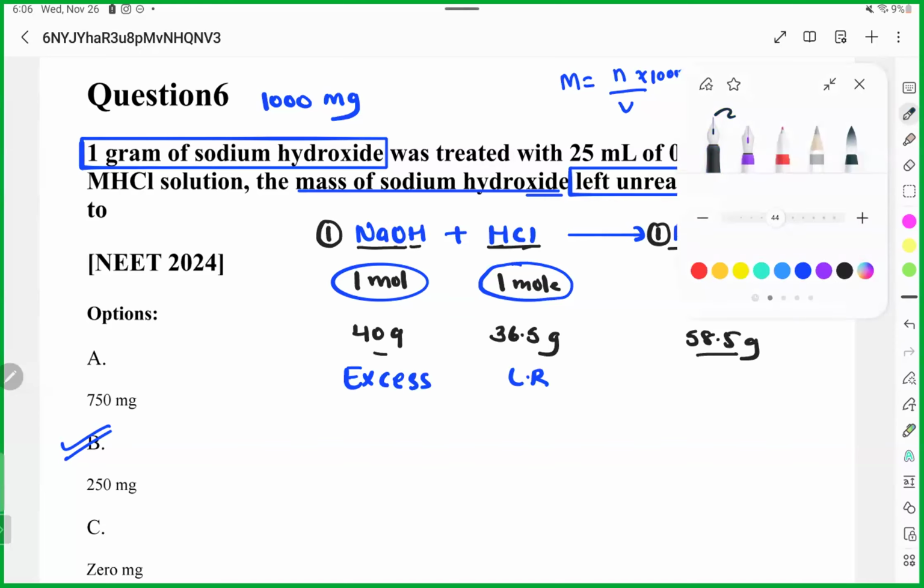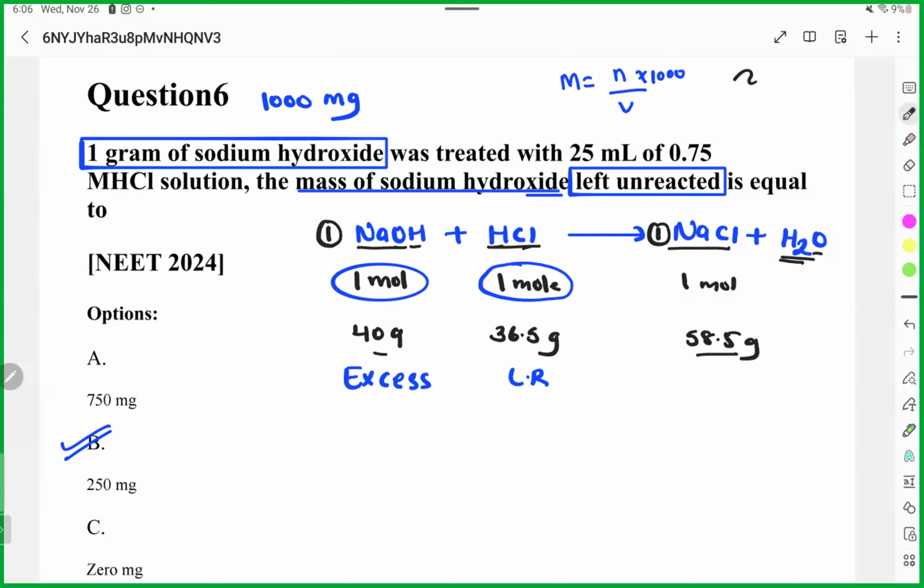Any doubt till here? No, sir. Molarity is 75 by 100 because 0.75. Volume goes in the multiplication, and the volume value is 25. And 1000 will go in the denominator. It will become n, and this is equal to 3 by 4 by 40. Any doubt, guys?